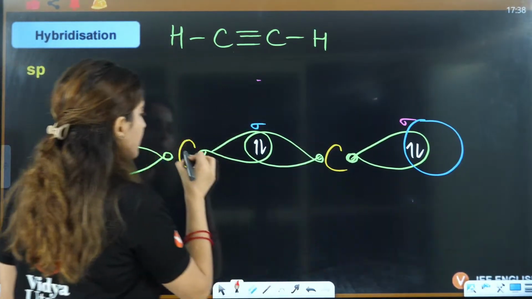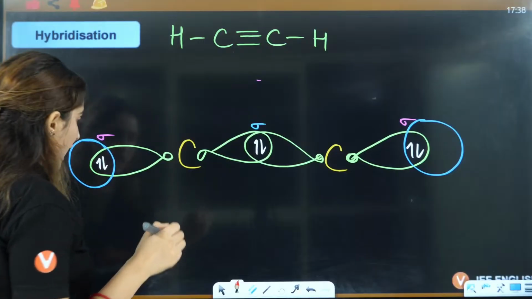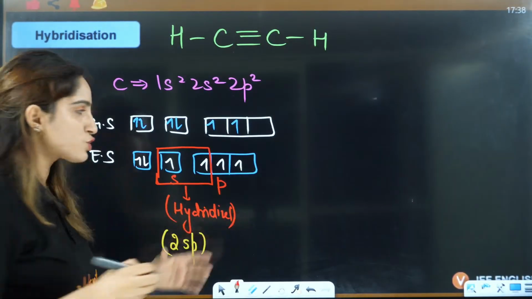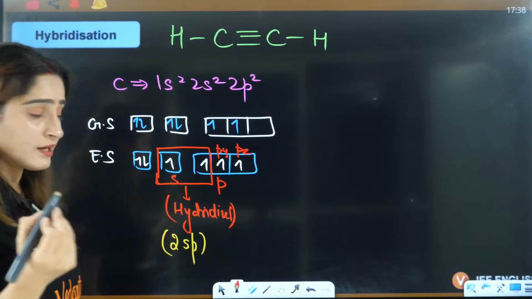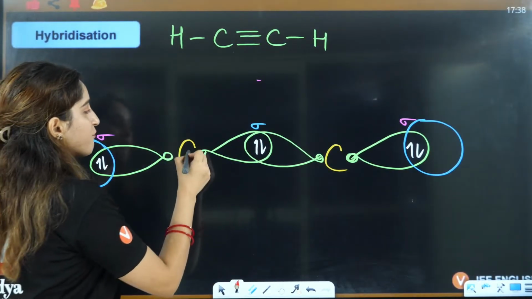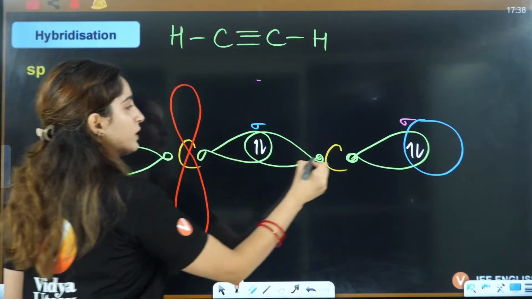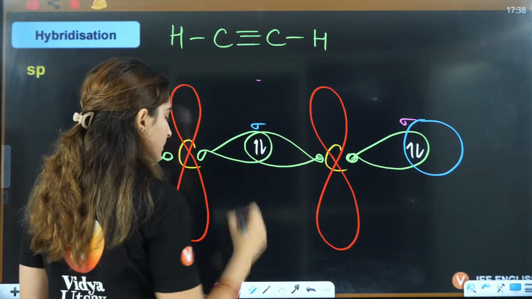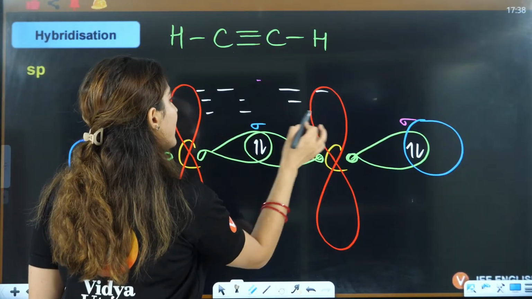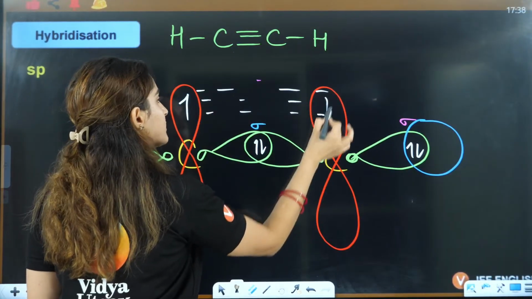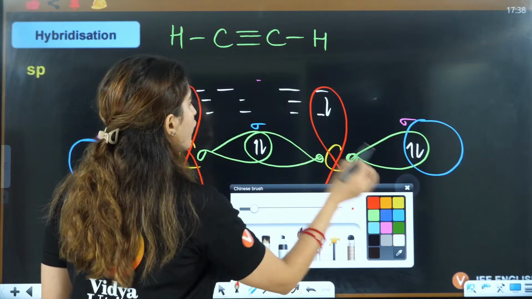Now the rest will have py and pz also. This is py, this is pz, which are also remaining. You will have py here and py here, and these py and py are going to do sideways overlapping and form a pi bond.